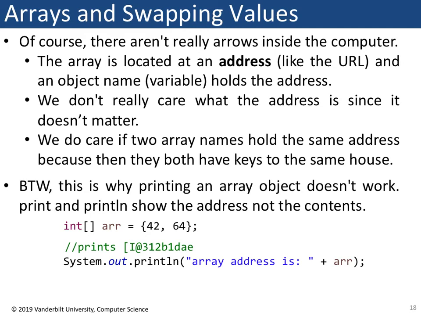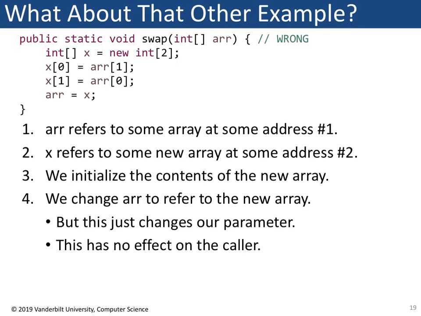We can't say system.out.println and then just the name of the array. Because what's stored in this array is actually the address. So this will just print out the array address, wherever the array is actually stored in memory inside the computer.